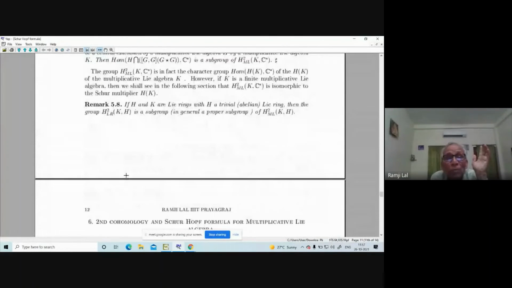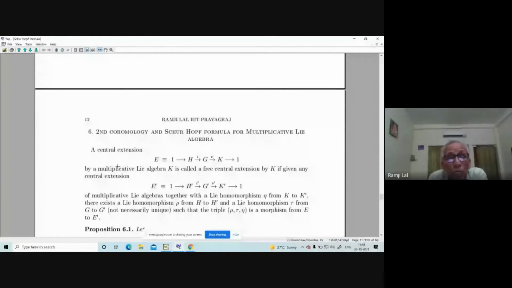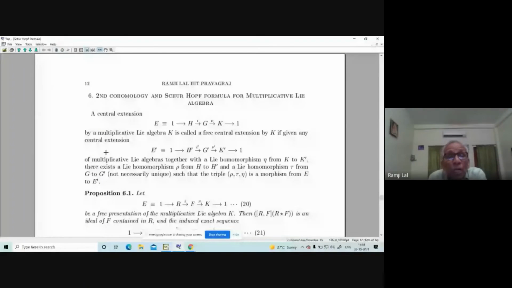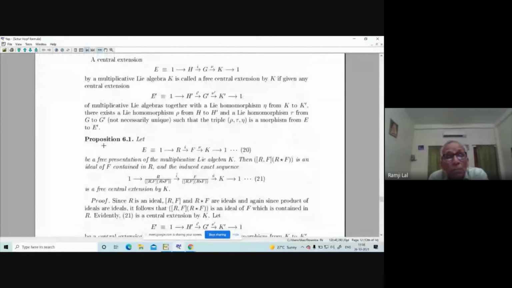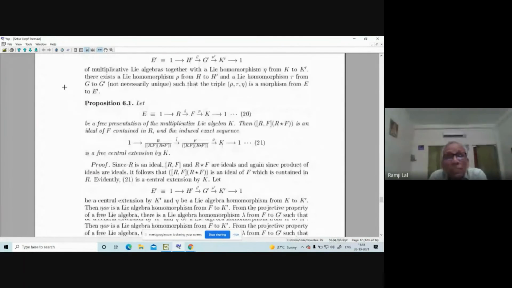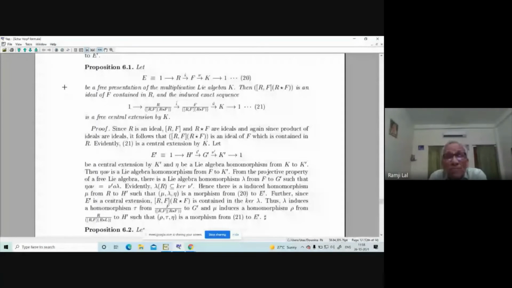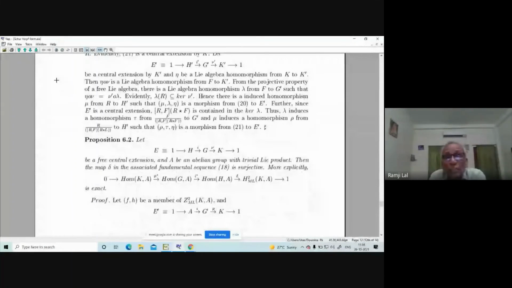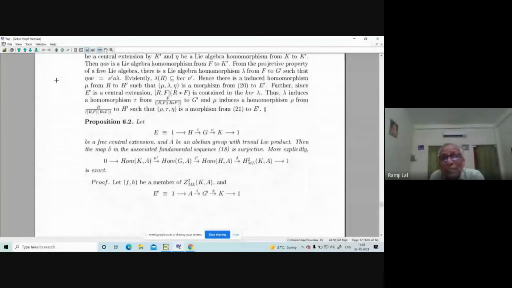This is an isomorphism, and as observed, the crucial step of Schur, which perhaps I pointed out, in proving the Schur-Hopf formula was that if the central quotient of G is finite, then the commutator is also finite.